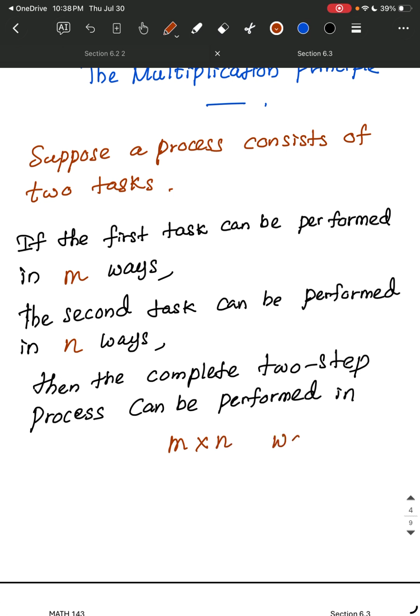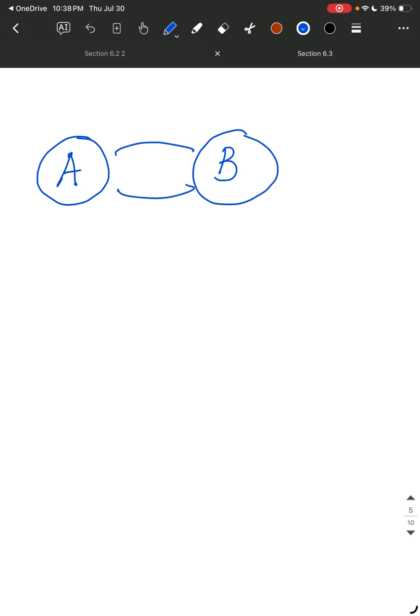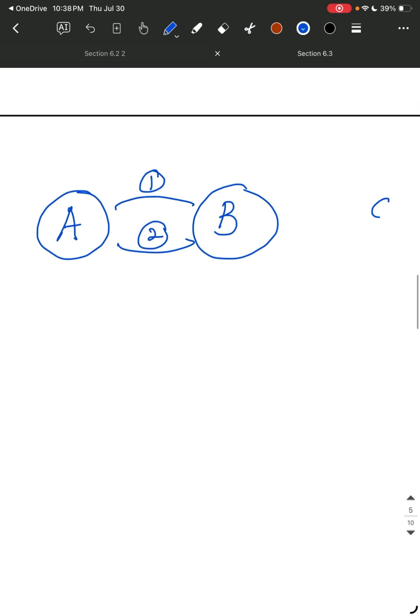Let's see the example. From town A to town B, there are two routes, route 1 and route 2, right? From town B to town C, there are three possible routes, 3, 4, 5.